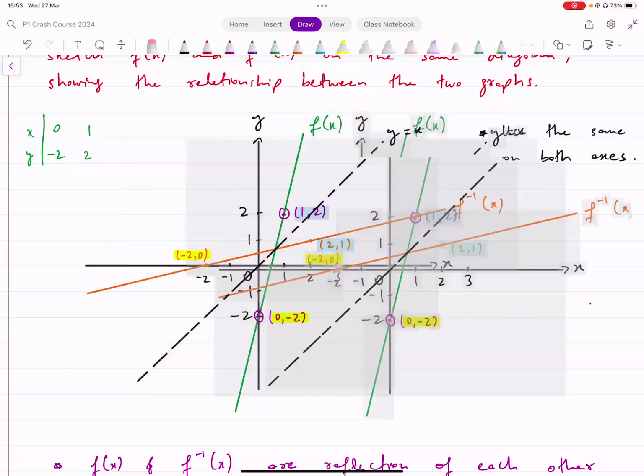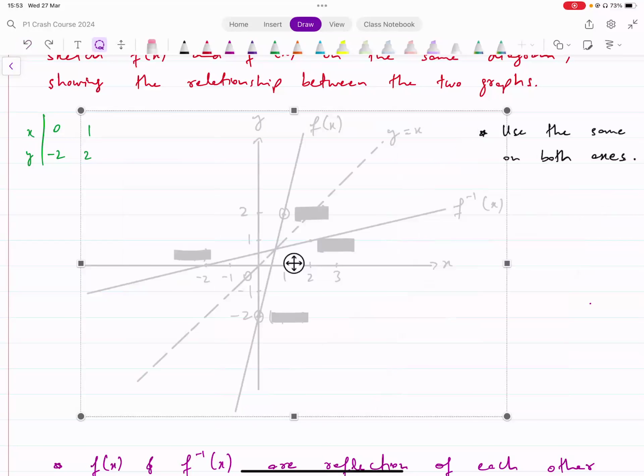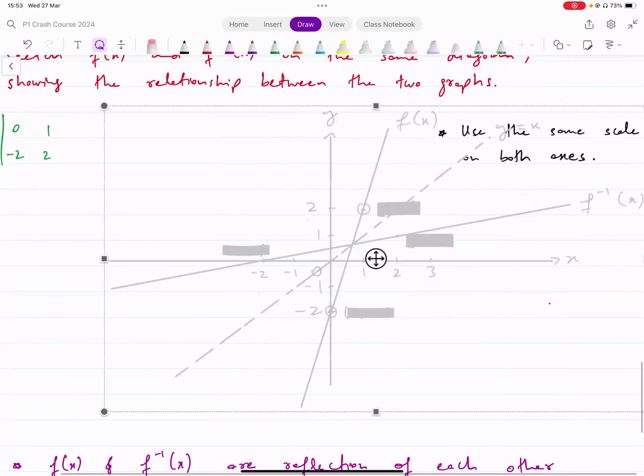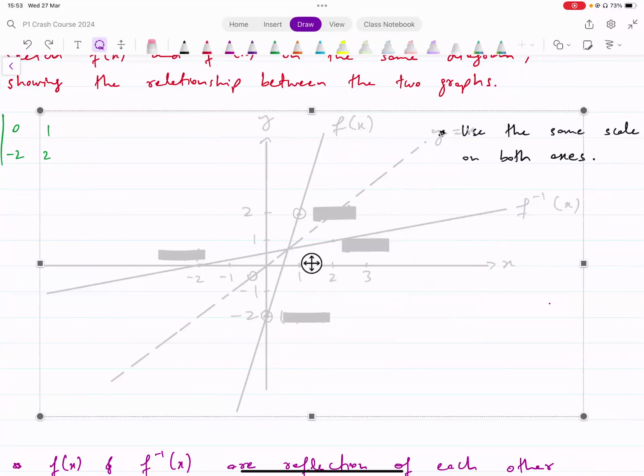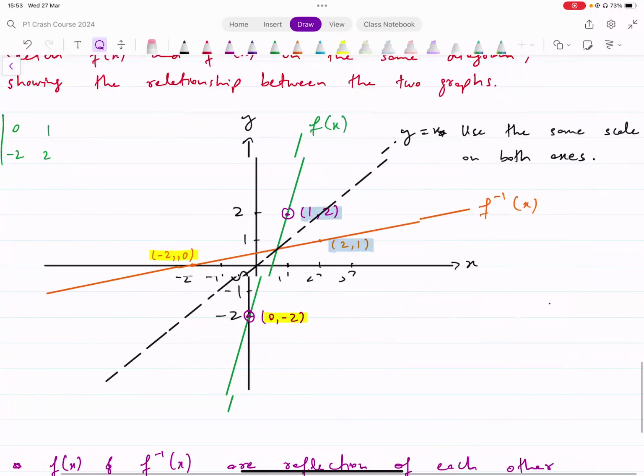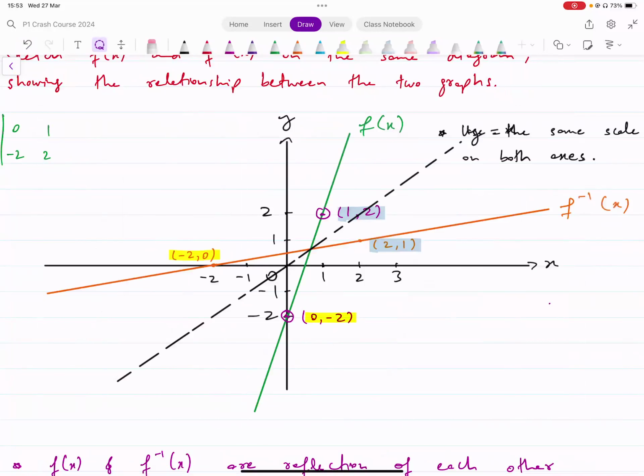If you were to distort it such that the scale on the horizontal axis was bigger, so now we have more distance between values on the x-axis as compared to values on the y-axis. You see, the graph is distorted. Now, f of x and f inverse of x, they don't look like reflections anymore.